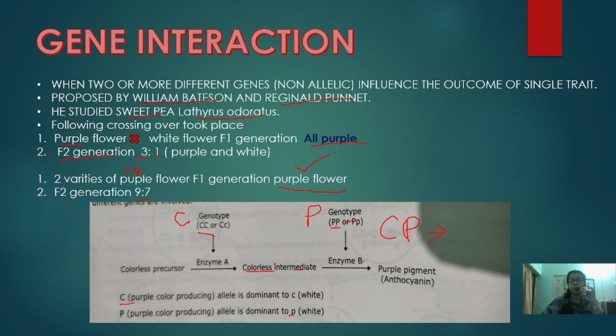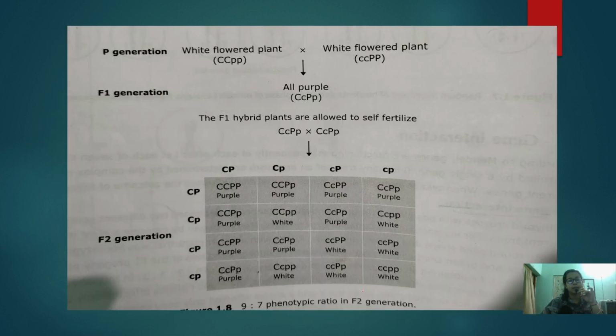When only capital C is present, it produces a colorless intermediate, so no purple color is seen. Only when both are present will the purple pigment be produced. For a better understanding, let's see the chart.